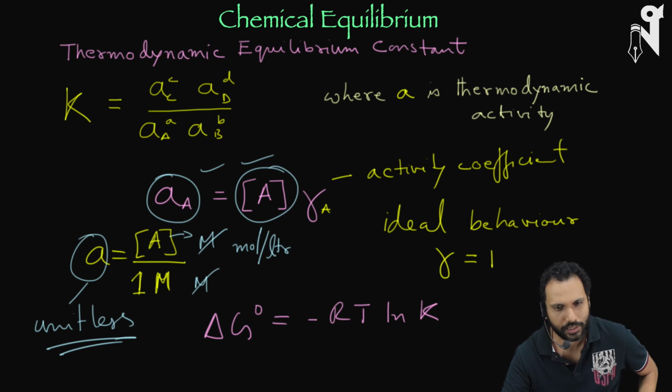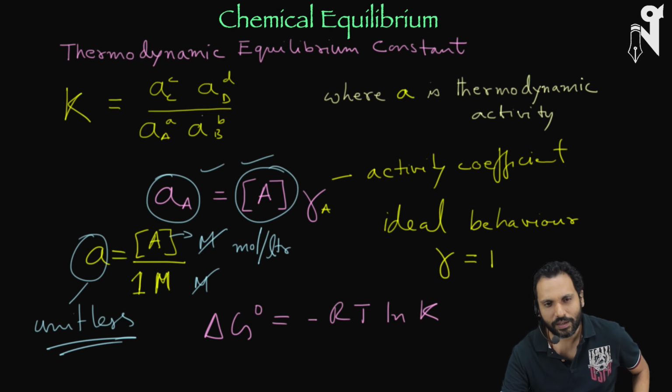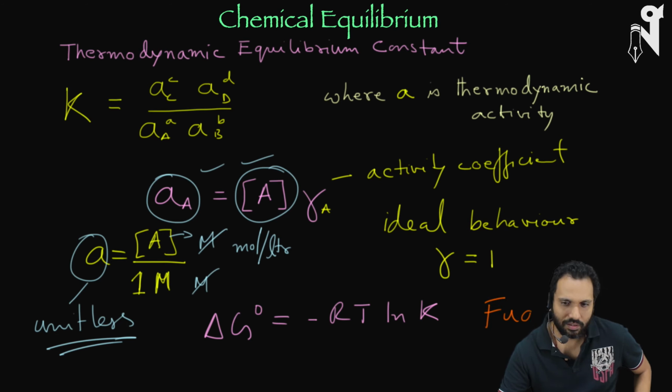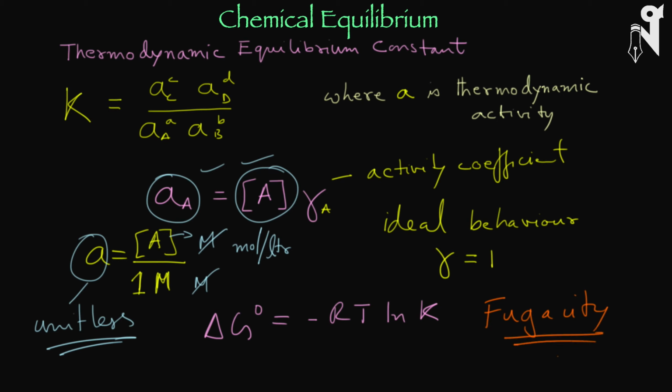And similarly, the activity of gases is termed fugacity. Activity is closely related to fugacity, and your fugacity can be written as the pressure of the gas. Say A is a gas, so the partial pressure of A with respect to, where do I consider it as ideally active?